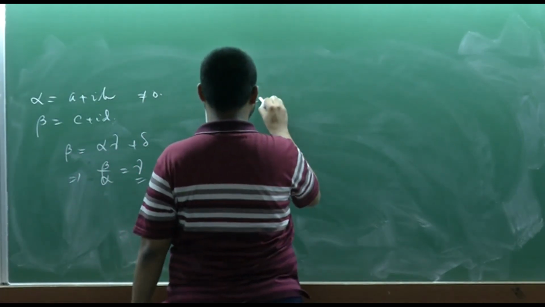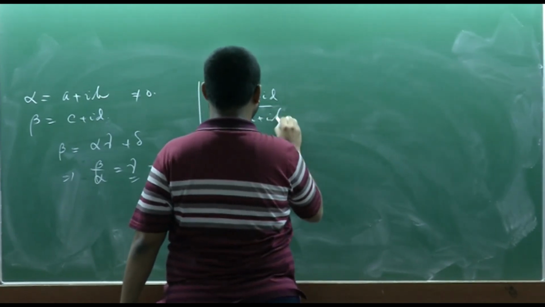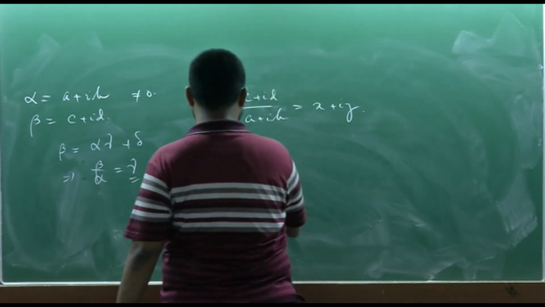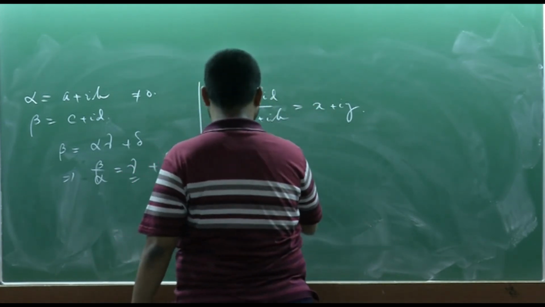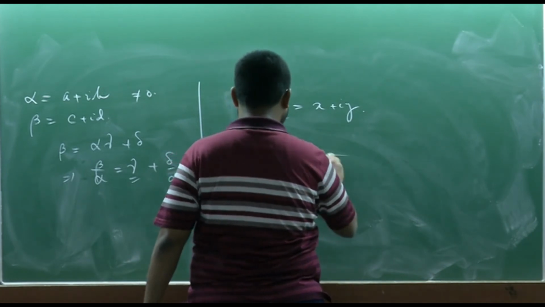Okay. So, c plus i d divided by a plus i b, let me write that as x plus i y. So, what is this? We can immediately do it. In the bottom we will have a square plus b square.